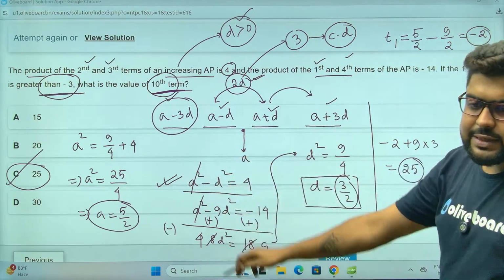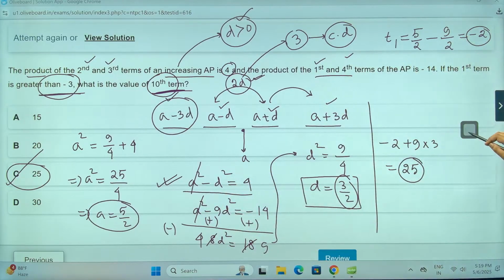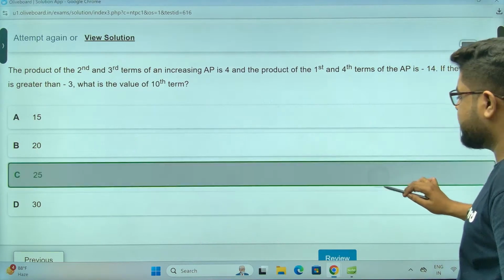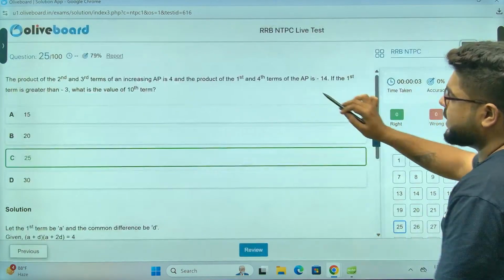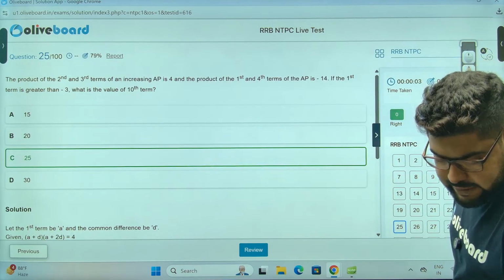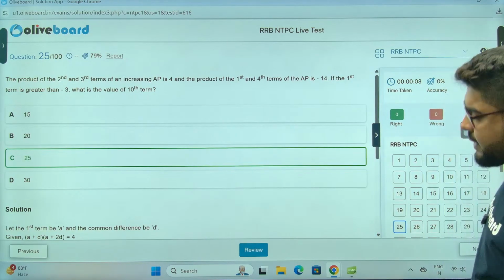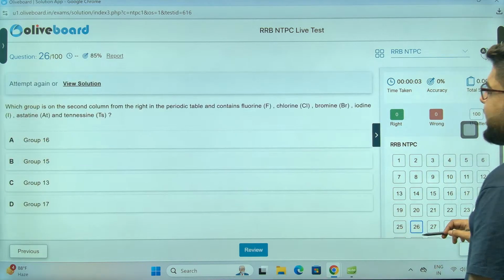This solution of d and a individually will only take time, much more time as well. So always try to go like this if you have the option, if you have this type of question at hand. Very, very important. Everyone clear?